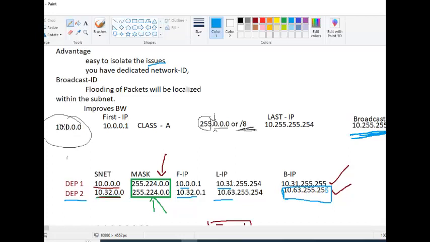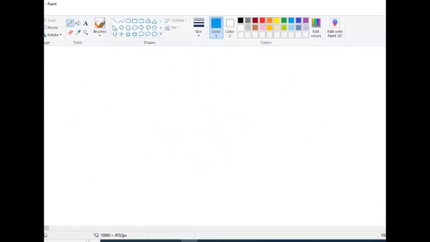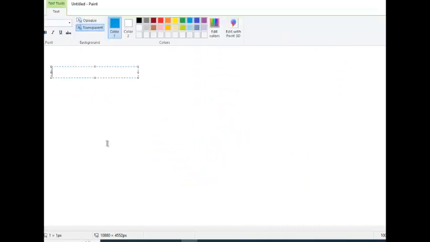Now, before we go deep into subnetting, which we are going to do in the next class, we need to know the ranges of class A, B, and C. Class A range is any address that begins with 1 to 126.